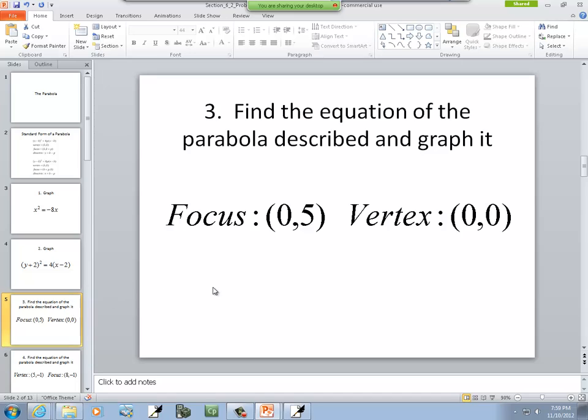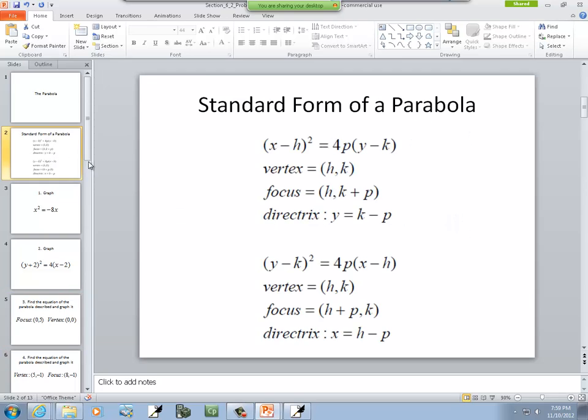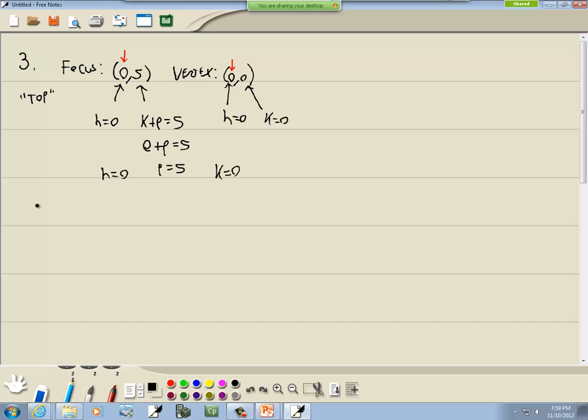Now specifically instructions say find the equation of the parabola, describe and graph it. So we don't have to actually write down what the directrix is and so forth. Now it's sometimes handy in order to graph it to get that information. Now we said we're dealing with our top formula. Top formula looks like this. X minus h squared is equal to 4p times y minus k.